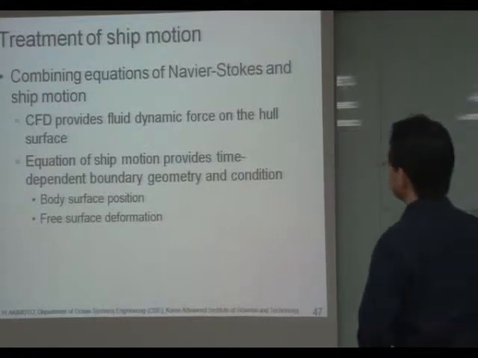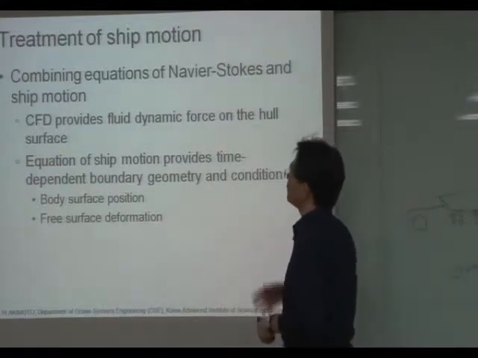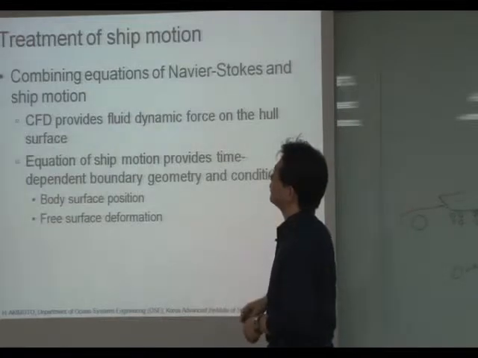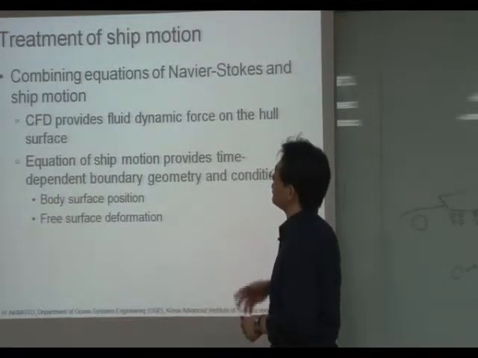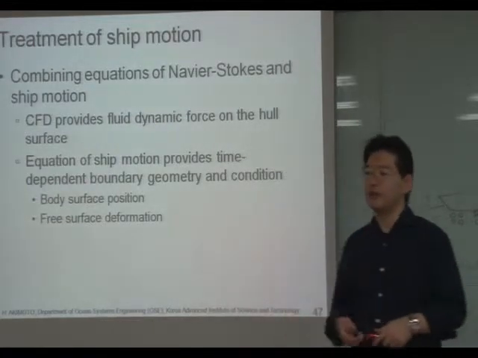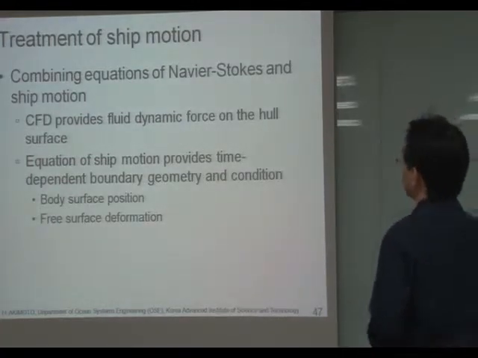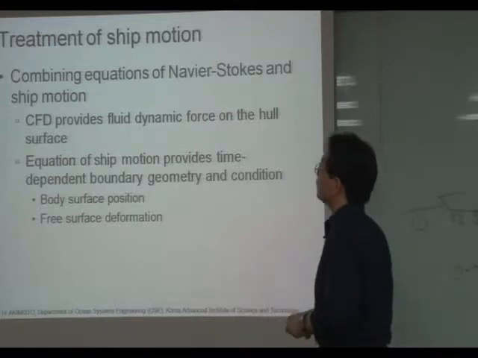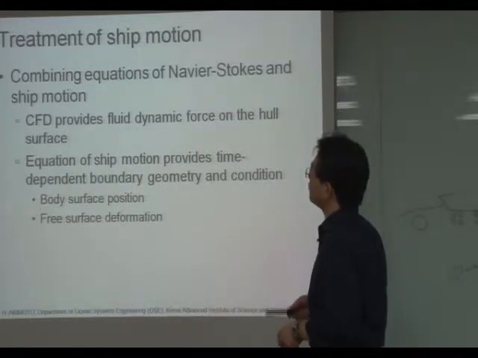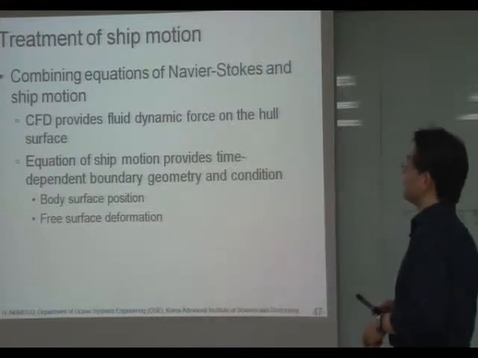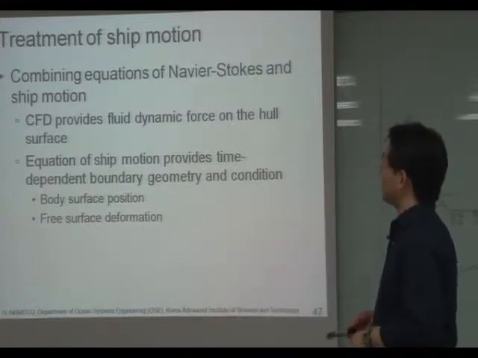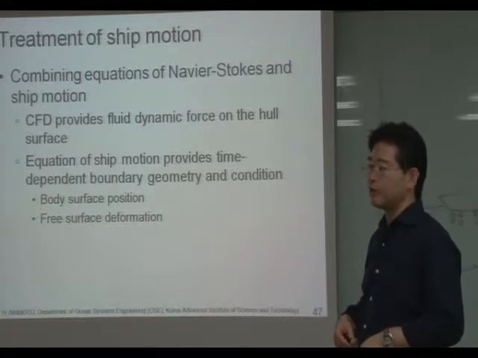Then the next thing is not from the particle method. It is the discussion of ship motion in the fluid dynamic simulation. For the simulation of ship motion, we have to combine the Navier-Stokes equations and the equation of motion of the ship.